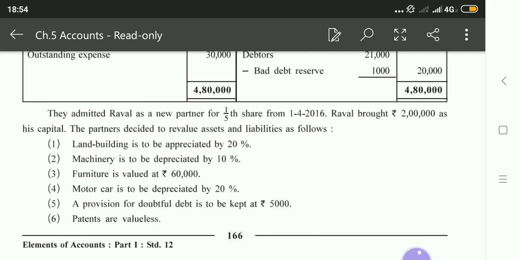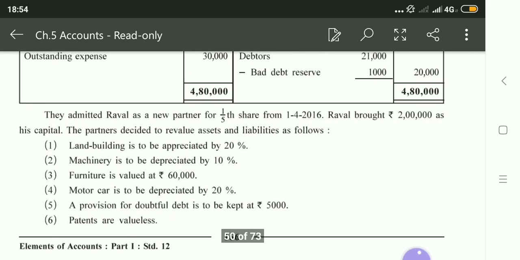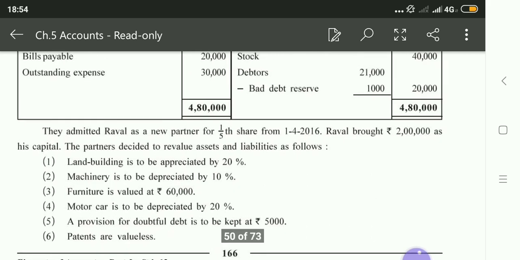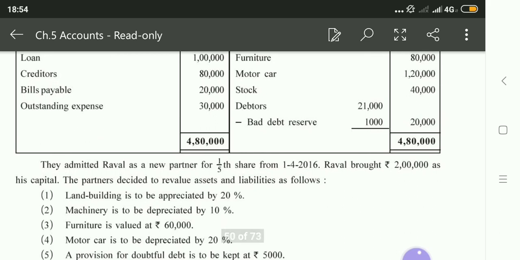Next, motor car is to be depreciated by 20%. I hope you all are able to understand what they mean. Motor car again is an asset, the value of which is to be decreased. Depreciated is the value of an asset is to be decreased by 20%.